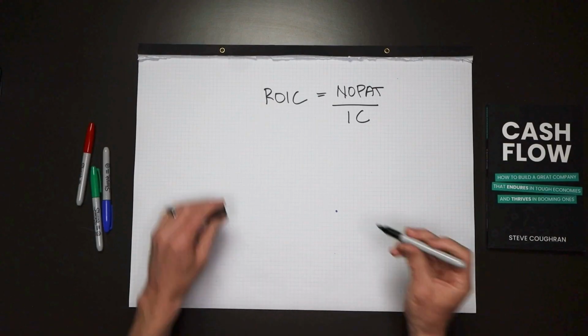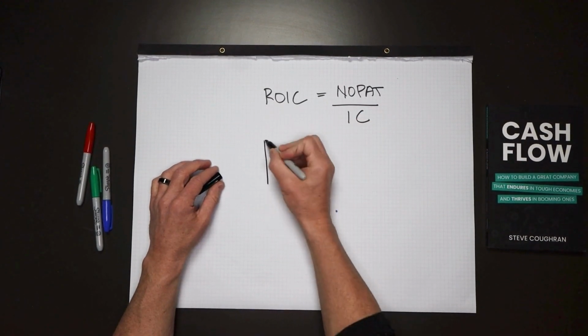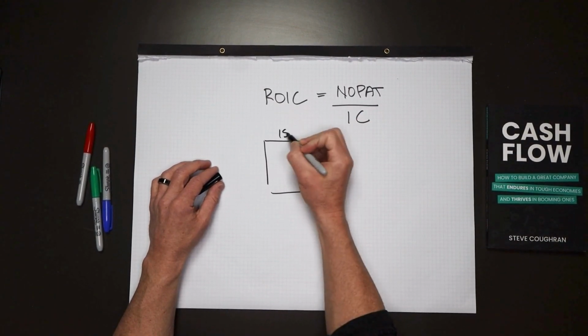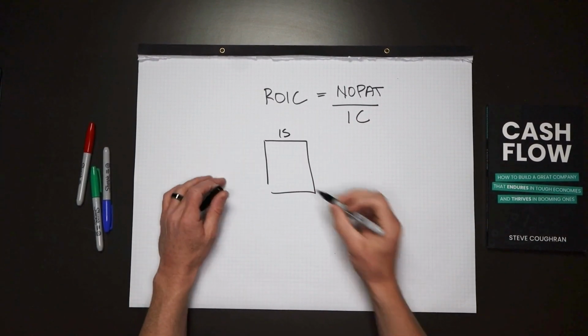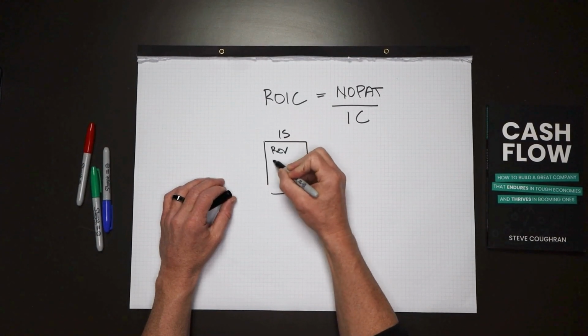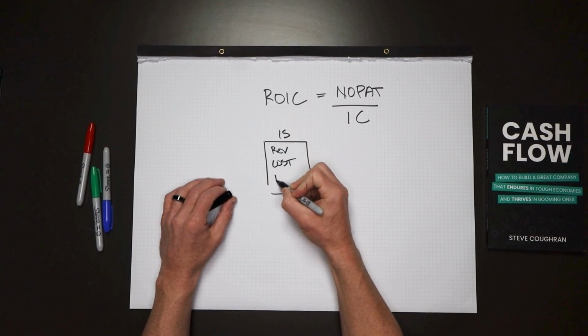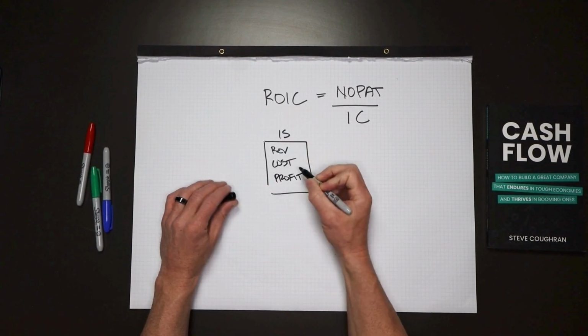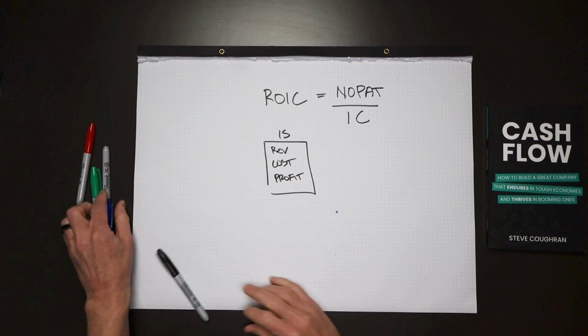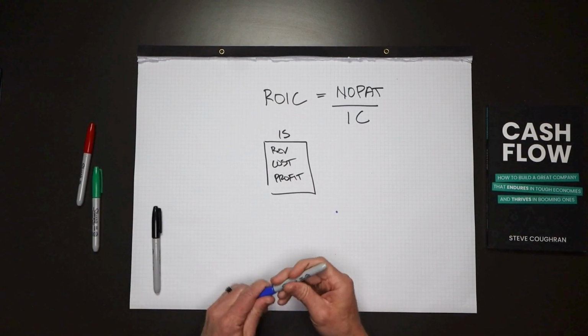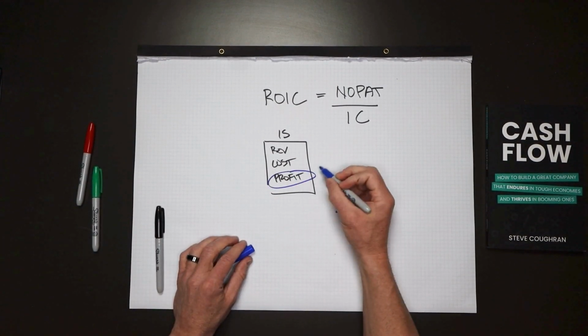All right. So for starters, NOPAT comes from your income statement. Your income statement will show you your revenue, your cost, and ultimately your profit. But what I want you to pull off the income statement is not the net income. I want you to look at your operating profit.